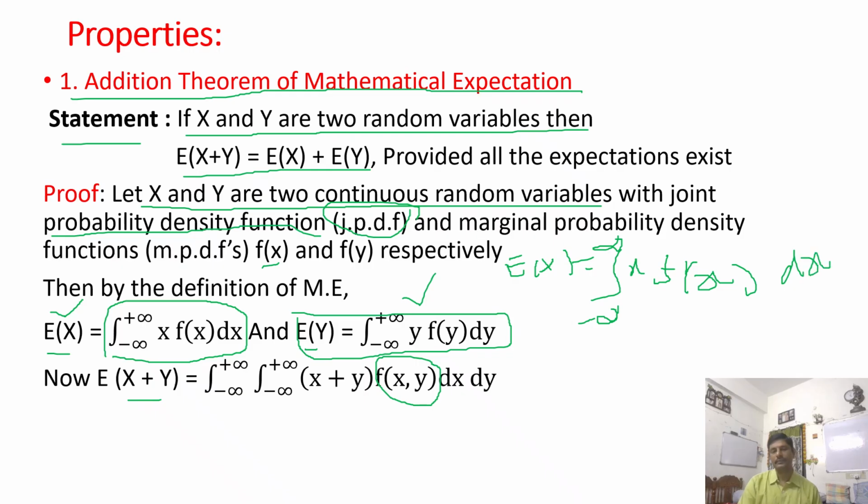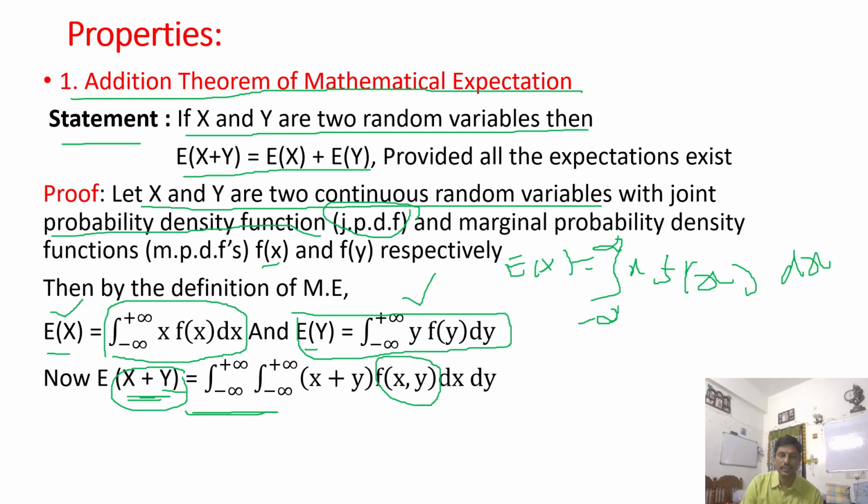Here, in the place of x we have x plus y, and this involves two variables. So for two variables, we need to take a double integration, for capital X from minus infinity to infinity and also for capital Y from minus infinity to plus infinity.